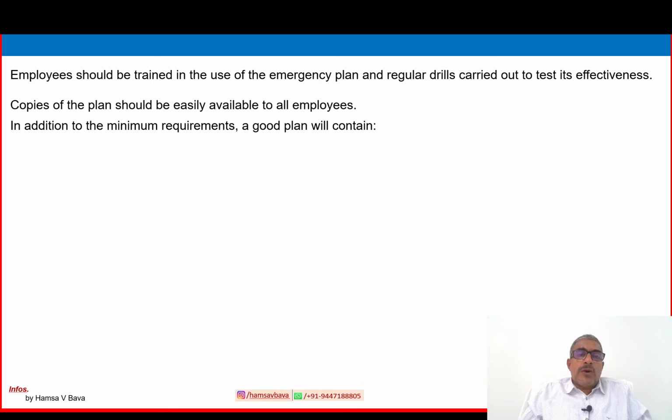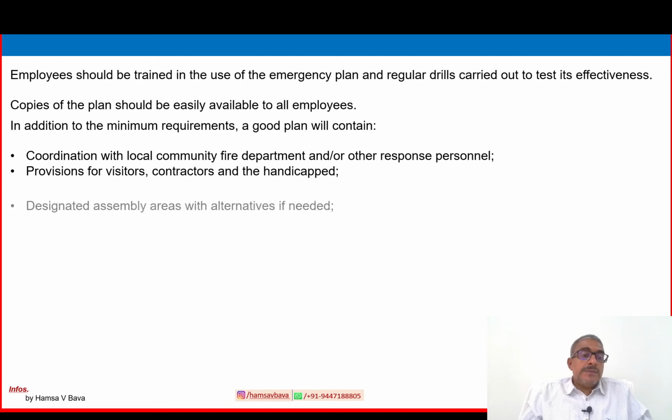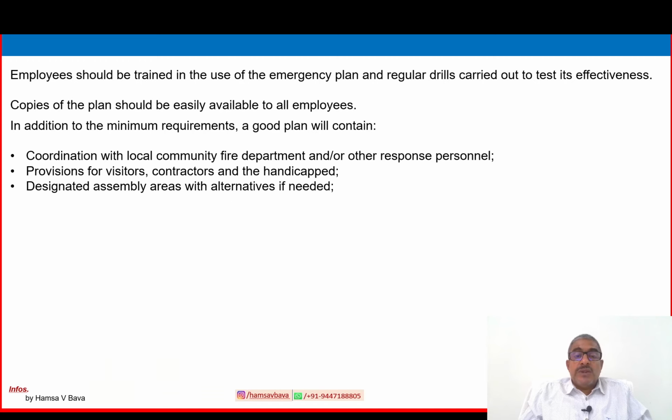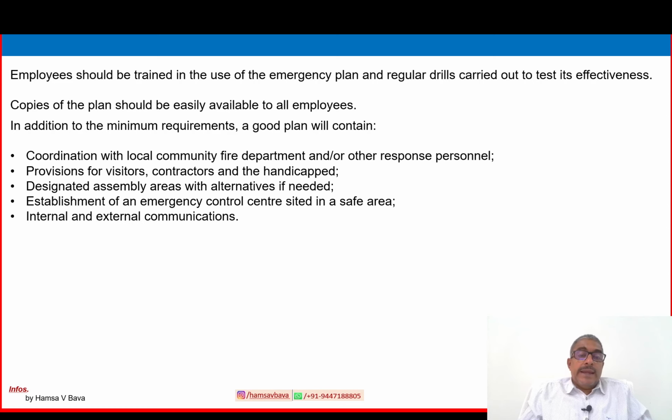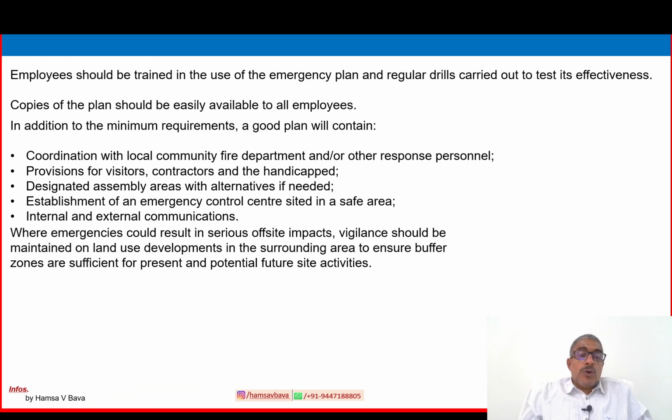In addition to the minimum requirements, a good plan will contain the following: coordination with the local community, fire department, and other response personnel, provision for visitors, contractors, and handicapped, designated assembly areas with alternatives if needed, establishment of an emergency control center sited in a safe area, internal and external communications, where emergencies could result in serious off-site impact.